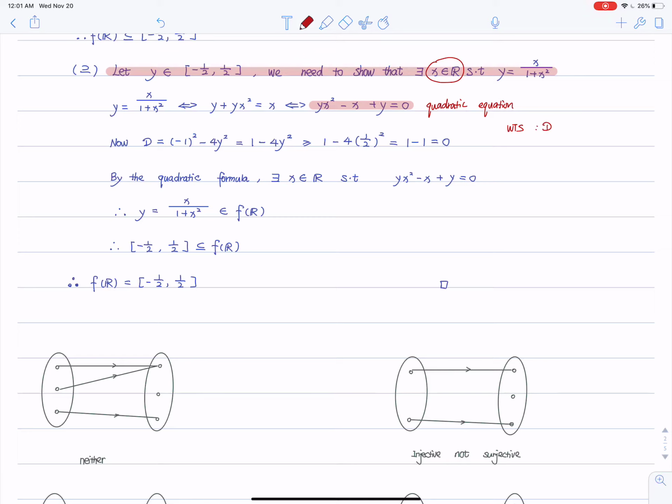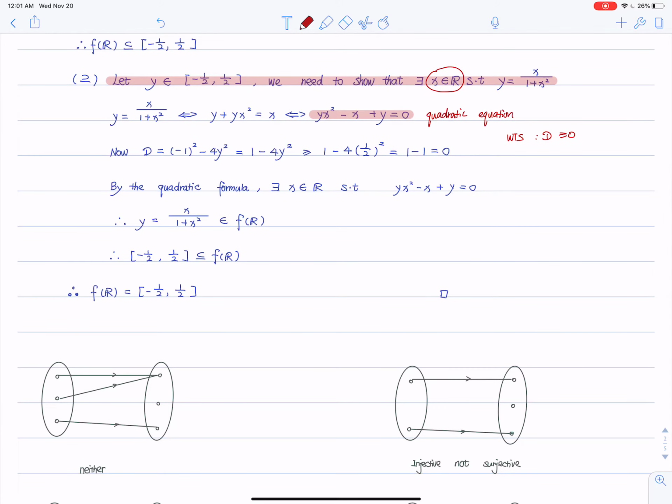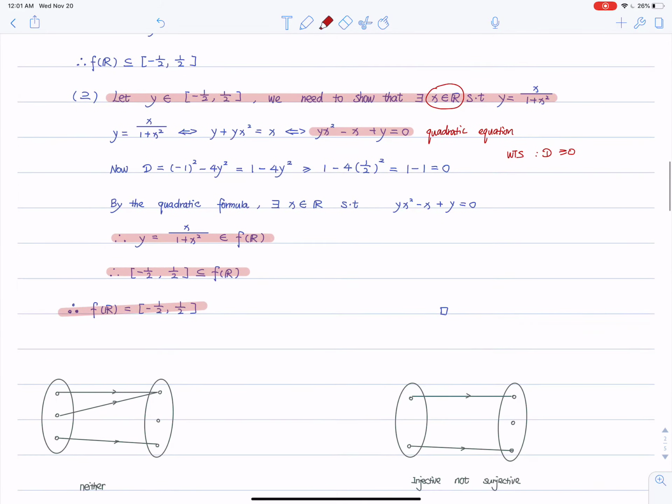If you have that, then you're done. Anyway, I did that and it's equal to 0, so it exists. So this is a subset of the image, so they are equal. Okay, I think that's it for the image question.